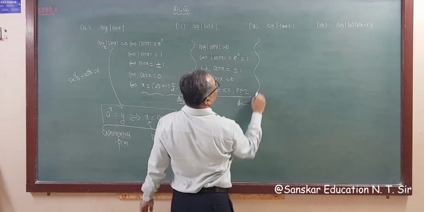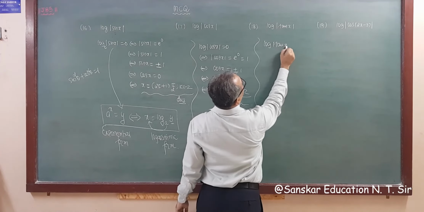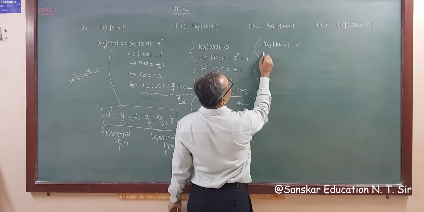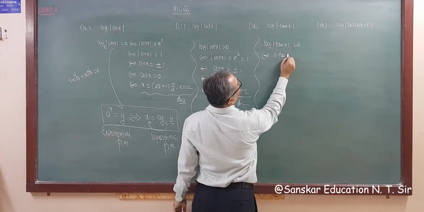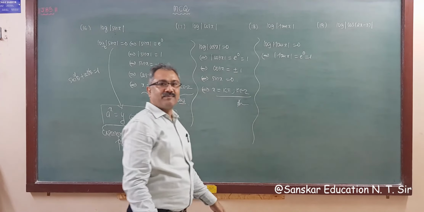And what about this 10x? So log mod 10x is equal to 0. This implies mod 10x is equal to e raised to 0, that is 1, right?